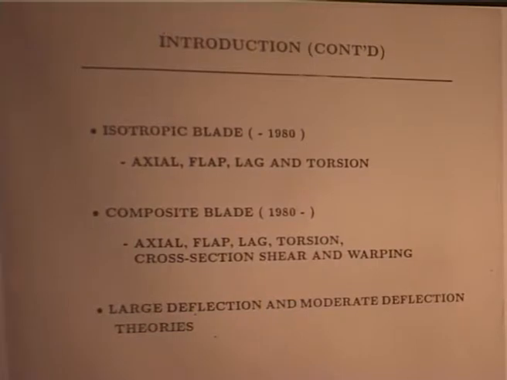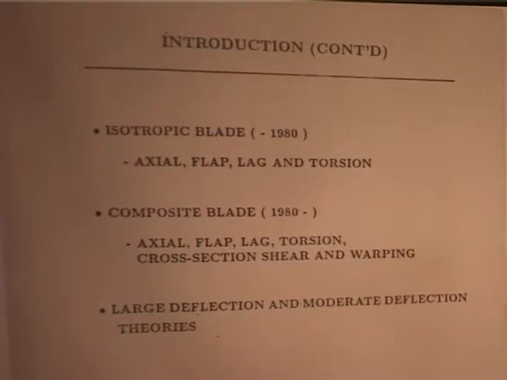Torsion warping is important, that has to be considered. Then people also developed large deflection, moderate deflection. Moderate means you make some approximation. I am not writing any equation here, but you will find the strain expression itself will have a lot of terms. Then you have to analyze the blade dynamics and then the aeroelastic behavior, only these two.